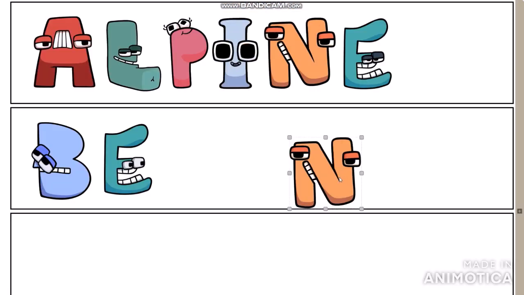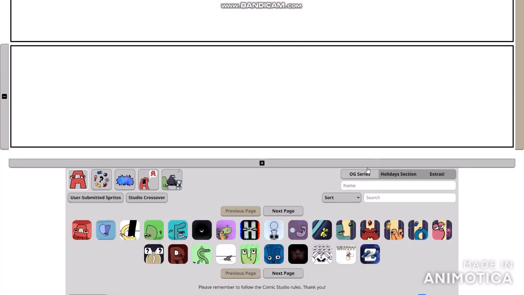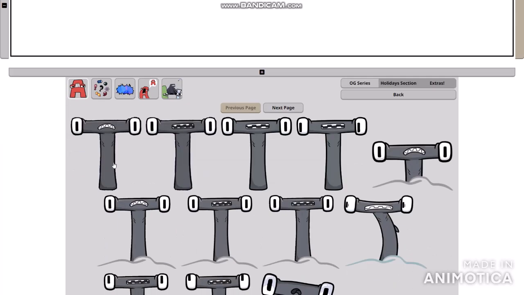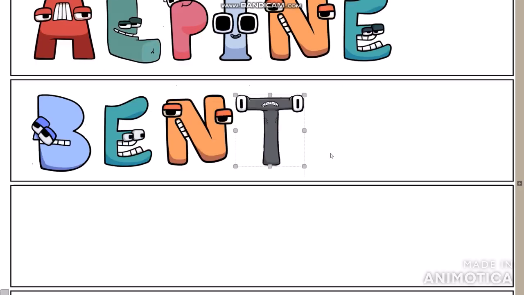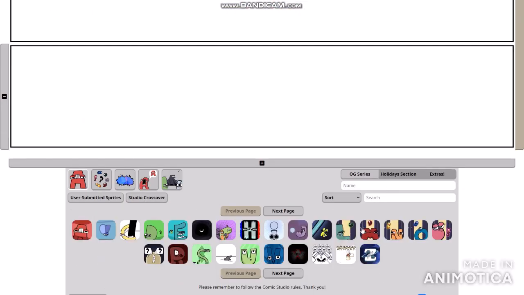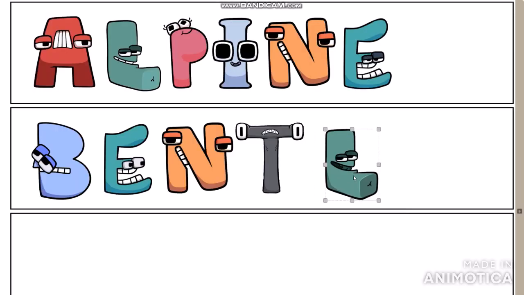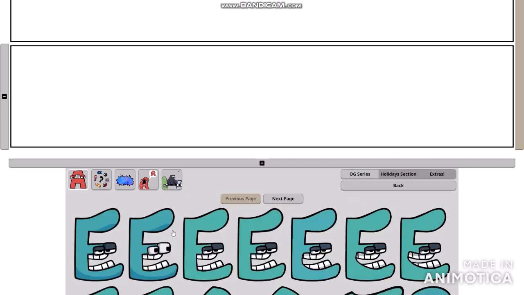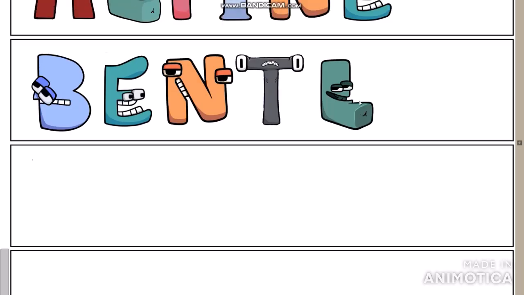Let's go for another same word. And the letter T is probably the shark. That is really satisfying. And what about the letter L? It was going to be pressing EY. And what is going to be saying Bentley?